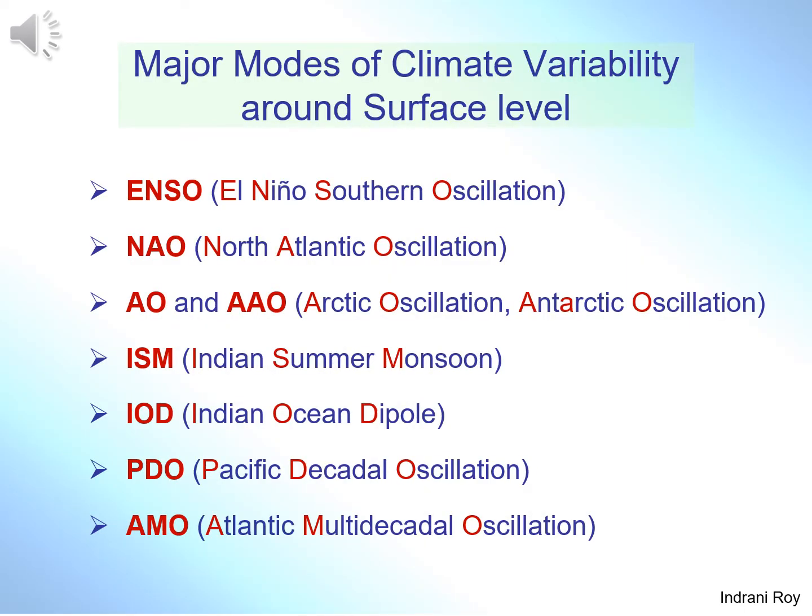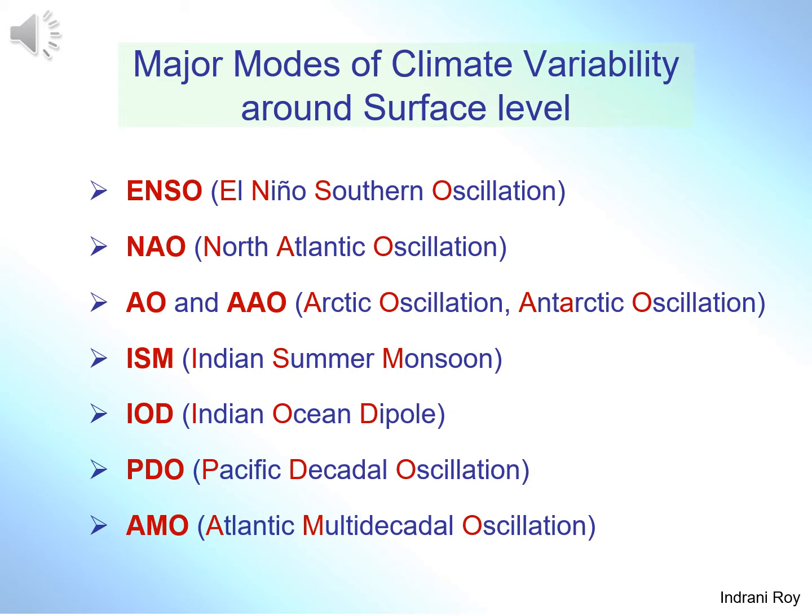Here are names of major modes of climate variability around surface level. First, I'm mentioning El Nino Southern Oscillation. The abbreviated form is ENSO. Next, NAO. The full form is North Atlantic Oscillation. From the very name, you can tell that it is present in the North Atlantic region of the globe. Then AO and AAO. The full form is Arctic Oscillation and Antarctic Oscillation.